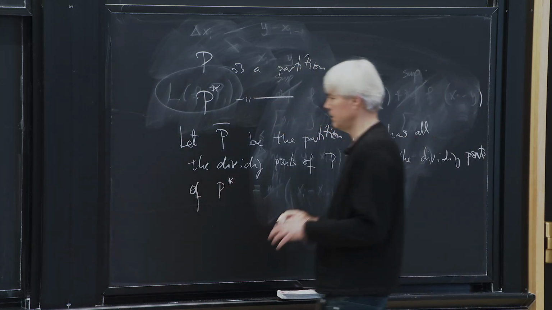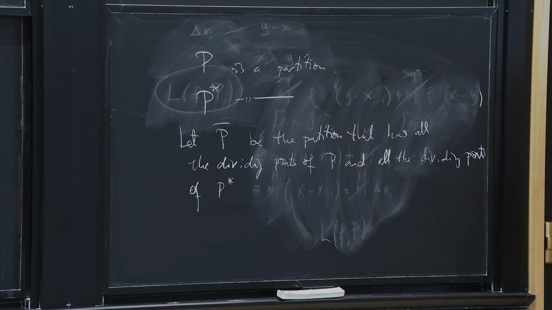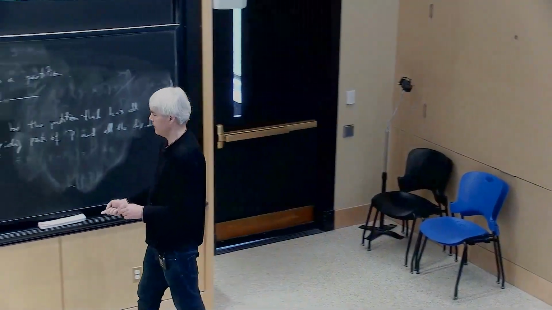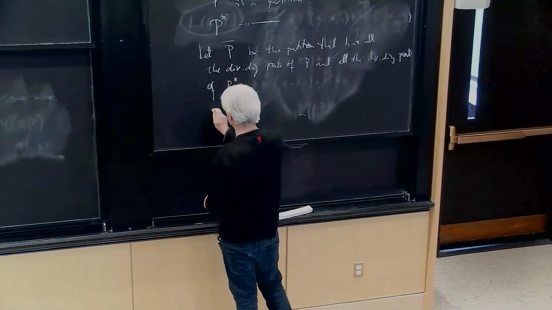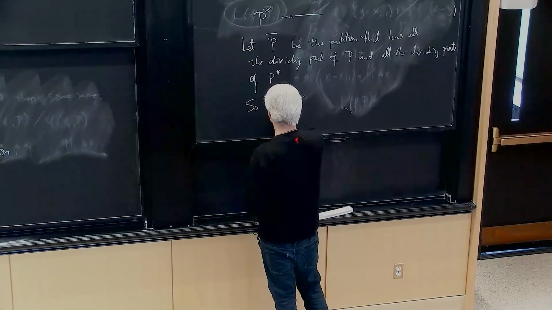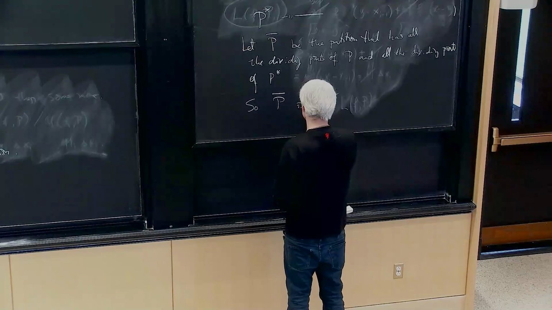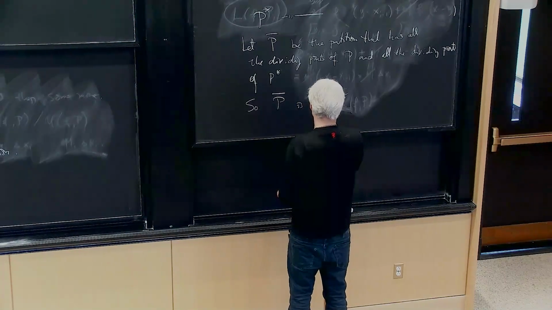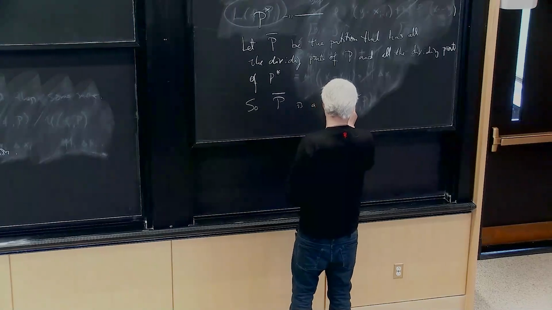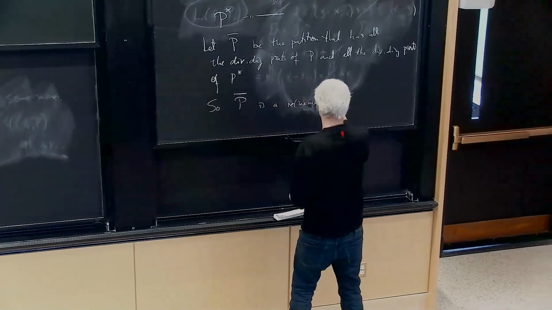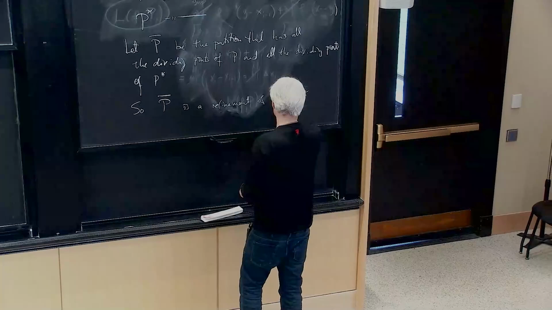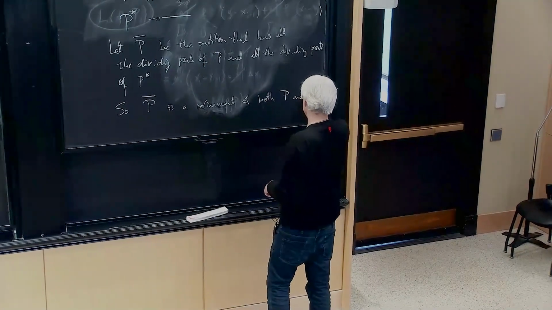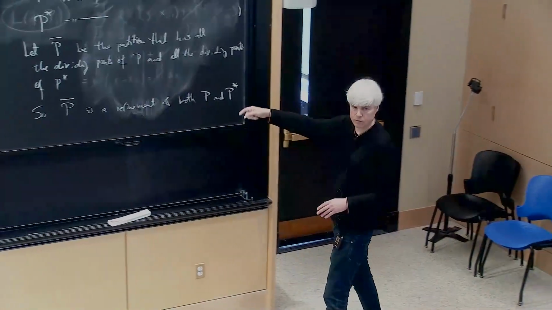Right, so the dividing points of P bar are the union of the dividing points of the two partitions. But this means that P bar is a refinement, or subpartition, of both P and P star, because it has all of the dividing points of either.